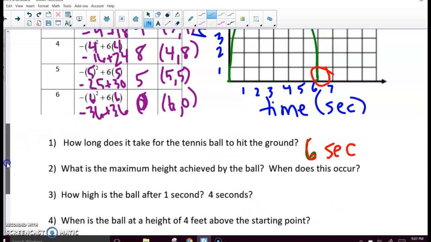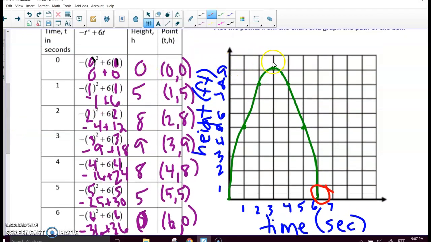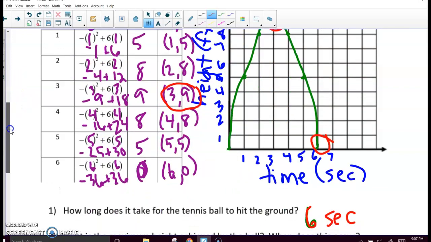Anytime we're talking about maximum or minimum, we're going to be talking about the vertex. The vertex of my graph we found had the coordinates of 3, 9. So the maximum height is 9 feet, and that occurs at 3 seconds.